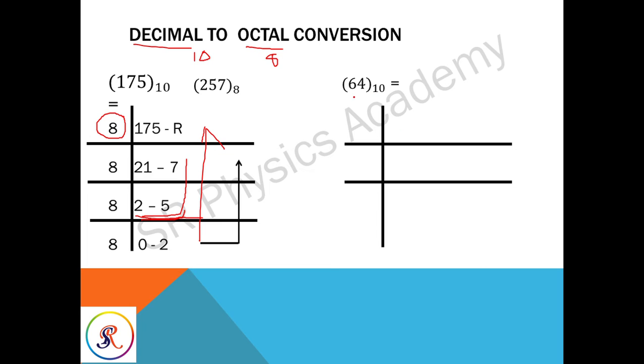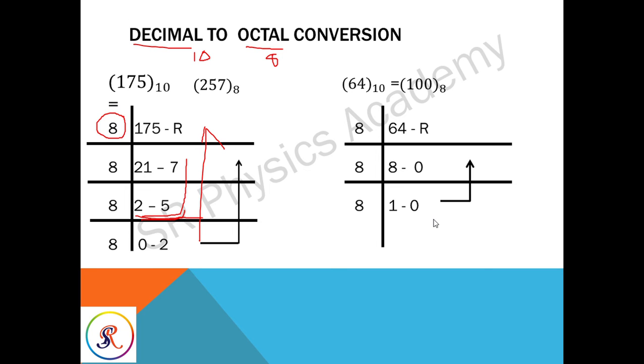So 64, divided by what factor? By 8. So 64, 8 8s are 64. So in this case the remainder is 0, then again 8. In this case 8, how many times will it go? 1. We can stop it here only, 1 0 0.